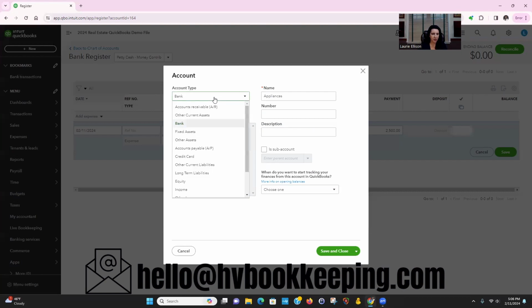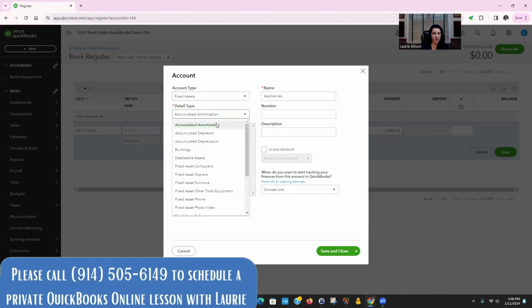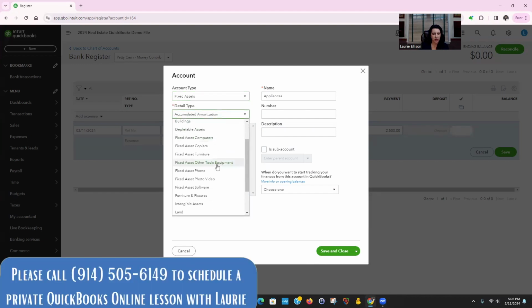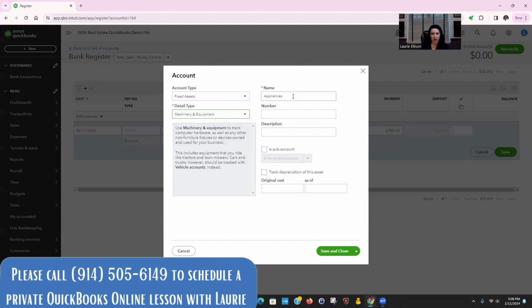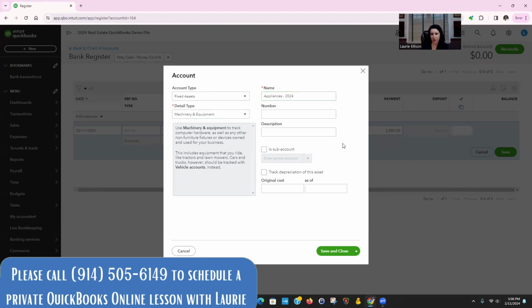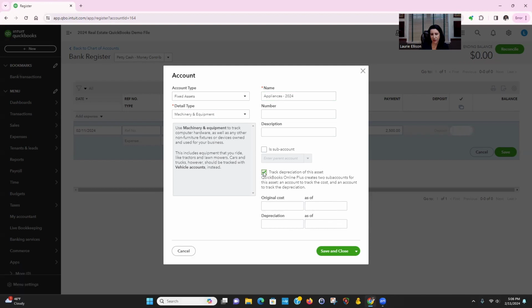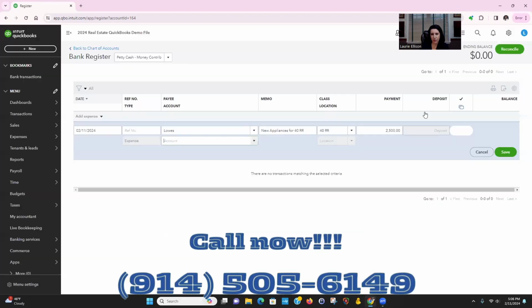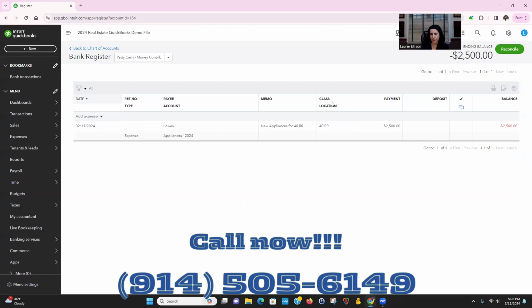And you say, why would that be that? You need to track those. They're not an expensed piece. They don't really have one for that, so machinery and equipment, fine. And I would put the year you purchased them because your CPA will then depreciate it over a certain amount. So you could pick that, but we're not going to do that. Okay, so that would be one instance of something you fronted the money for, right?